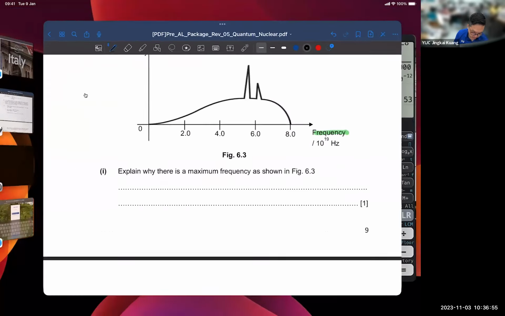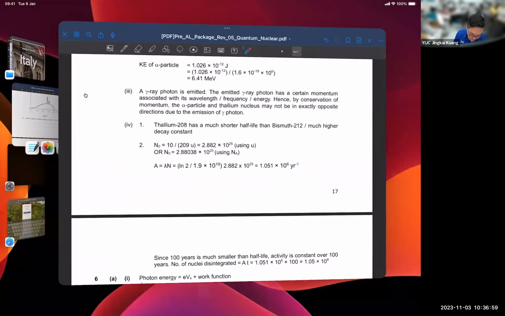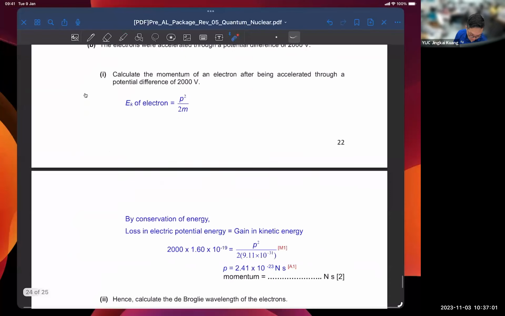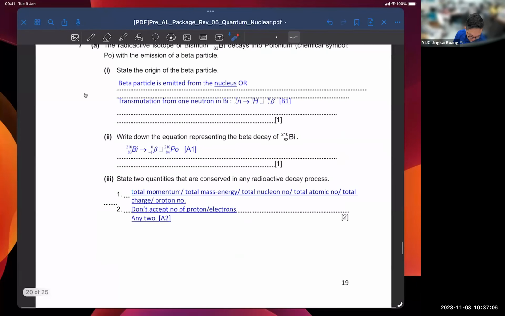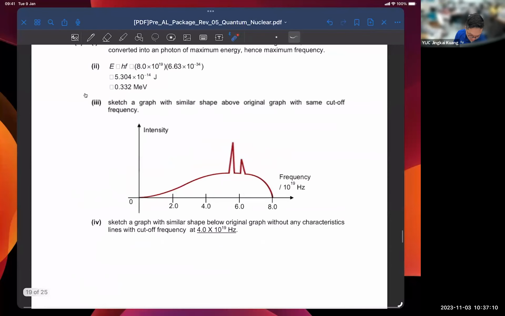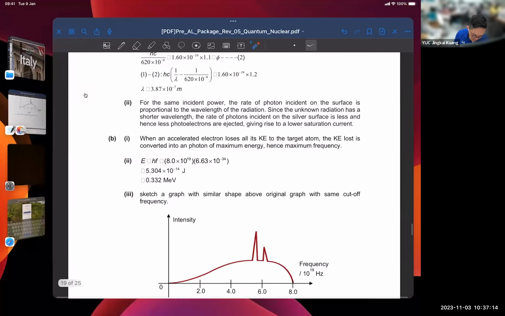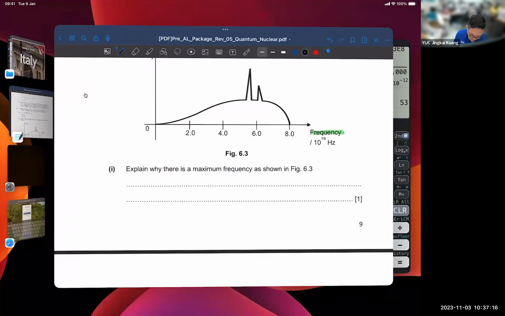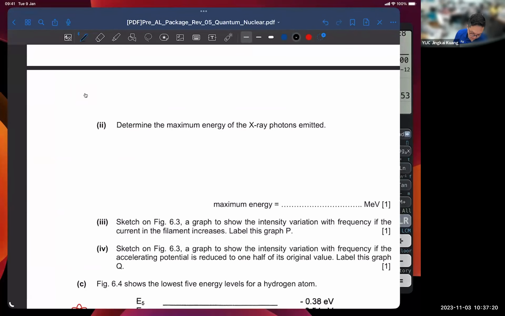So this one, not going to spend too much time talking about it. It's over here, I think. Maximum energy loss. Then determine the maximum energy of the photons emitted.